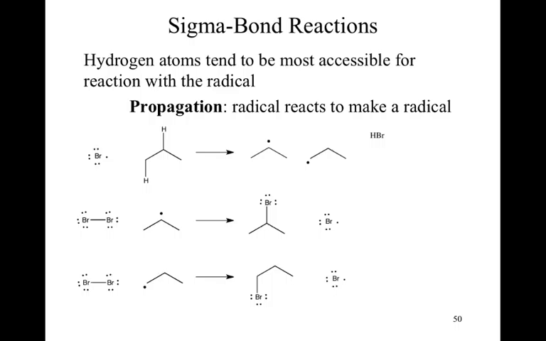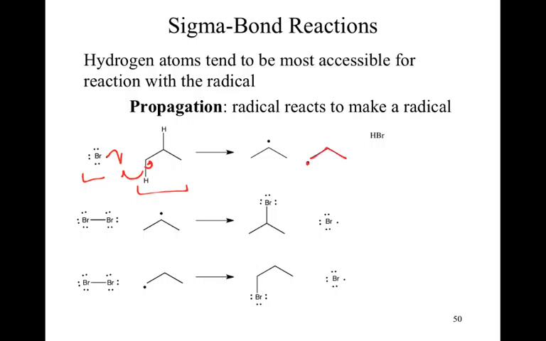So if we look at our bromine radical reacting with an alkane, there is the potential that our single electron can come through and take our electron, and we form the primary radical.